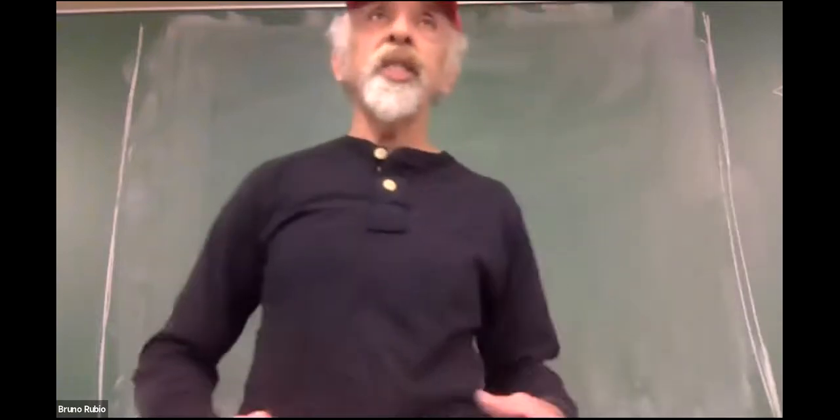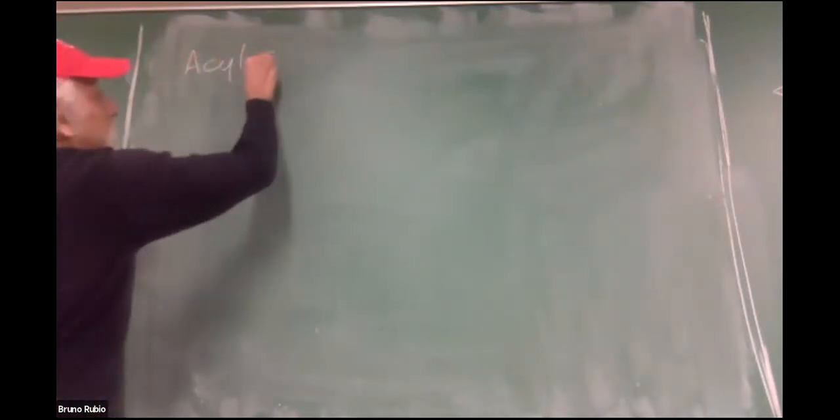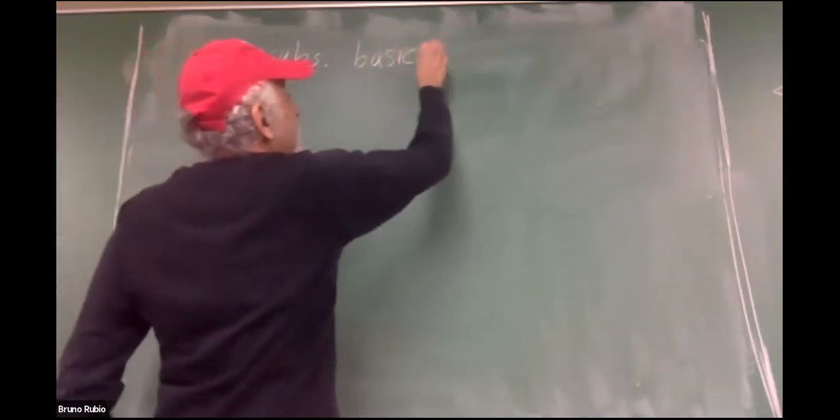All right, so now let's talk more about acyl substitution. We talked a lot about acyl substitution under acidic conditions. Let's talk about acyl substitution in base, because we can also have acyl substitution in base. Acyl substitution, basic conditions.